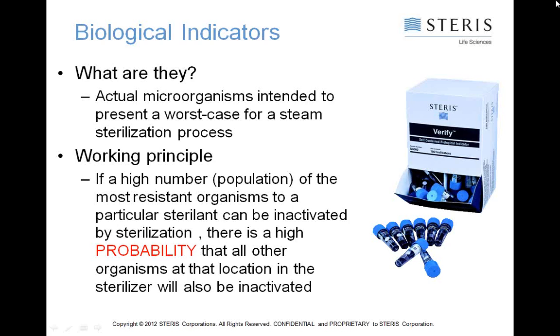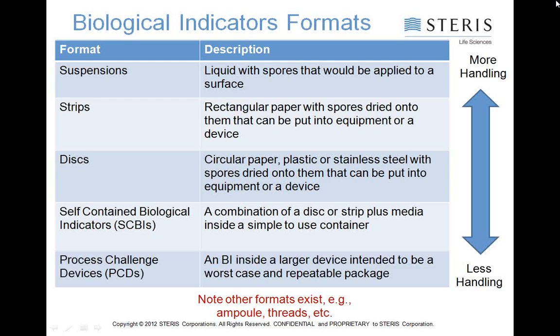Another important consideration should be the capabilities of your micro department, for instance, if you are able to process BIs aseptically. If you're not, then a self-contained biological indicator, or SCBI, may be your best option. SCBIs are, as the name refers, totally self-contained and do not require aseptic transfer of the BI into sterile growth media.